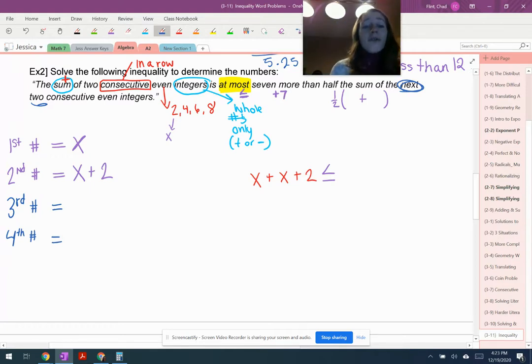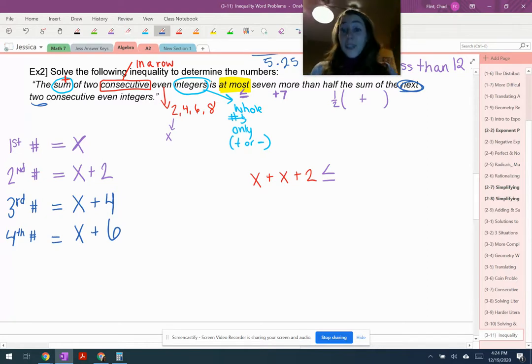If I left off with the second being x plus 2, what do I need to do to 2 to get to 6? Well, 2 plus 4 gets me to 6. So x plus 4 would get me to the next consecutive even integer. And then you just continue the pattern. 2 plus what is going to get me to 8, and that would be x plus 6, and there I have my 4 numbers that we're dealing with.